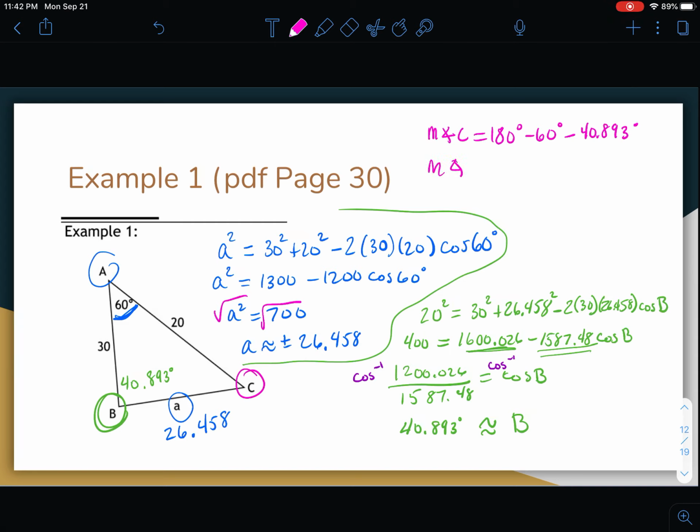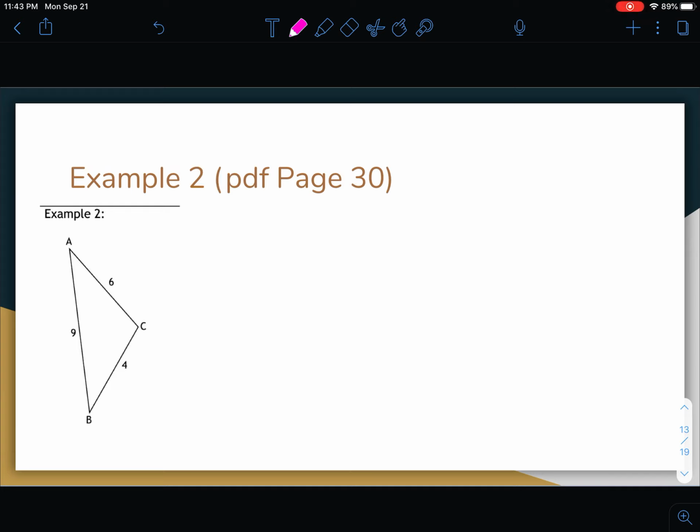And the measure of angle C should be about equal to 79.107 degrees. Most things in life are going to be quite messy. So expect things to turn out a little crazy. Our right triangles usually turn out pretty nicely, but these oblique triangles are going to be a little bit crazier looking.